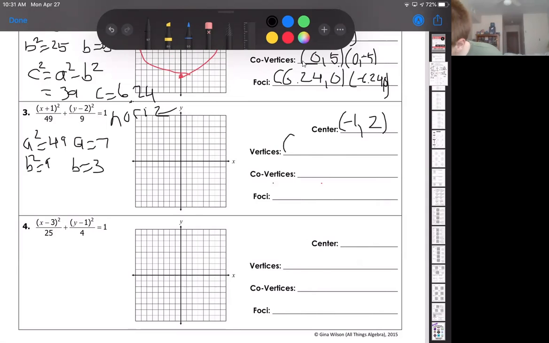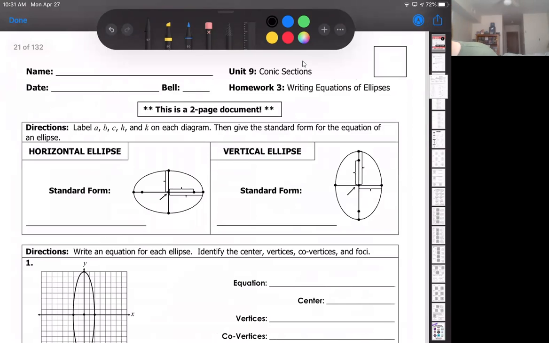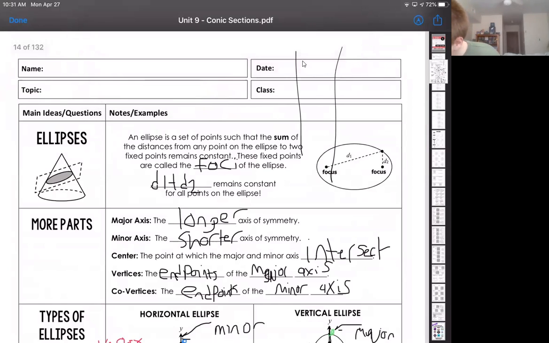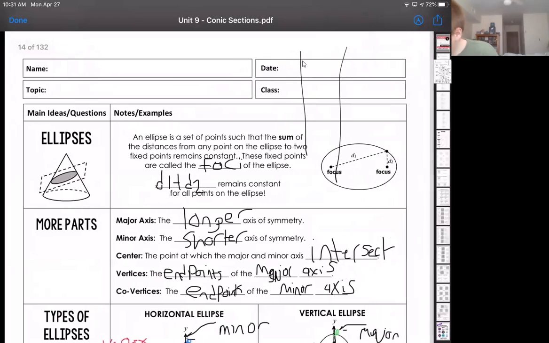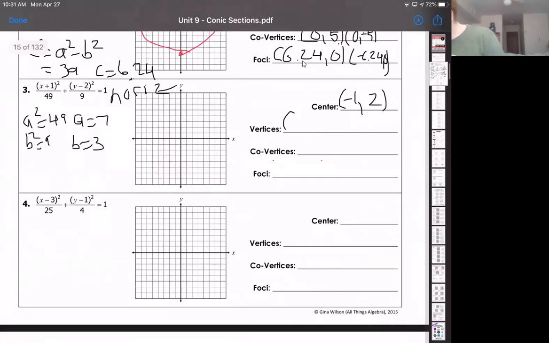So if I add 7, oops, my stylus is coming apart. That's not good. Oh my goodness, no. This is just annoying today.